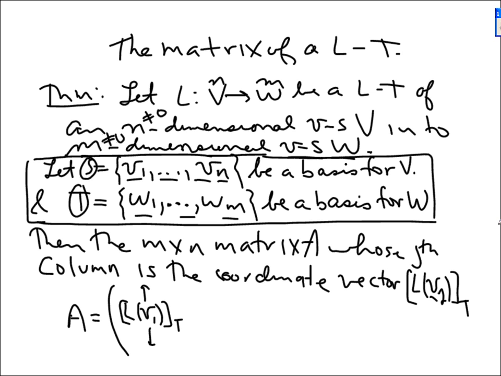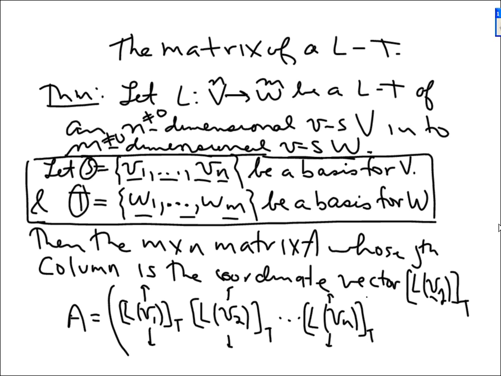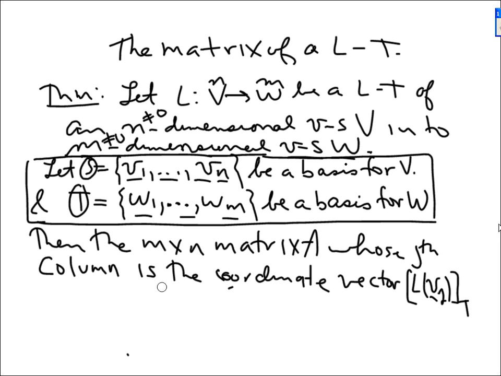And the second column of A will be not L of V2, but the coordinates of L of V2 with respect to T, all the way down to L of Vn, the coordinates of that with respect to T. So these are the columns of A. And that's exactly what the last two lines stated.